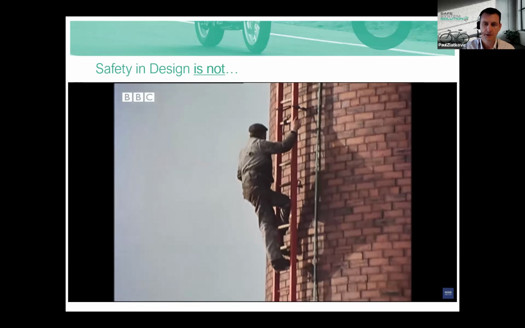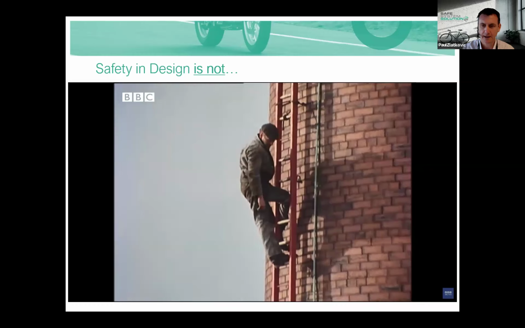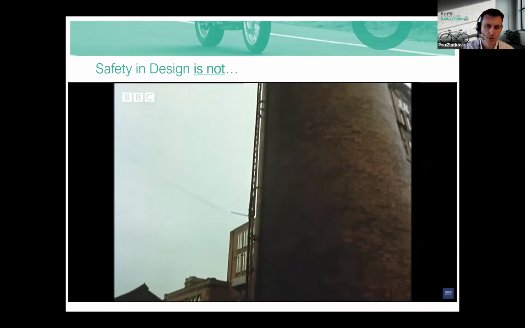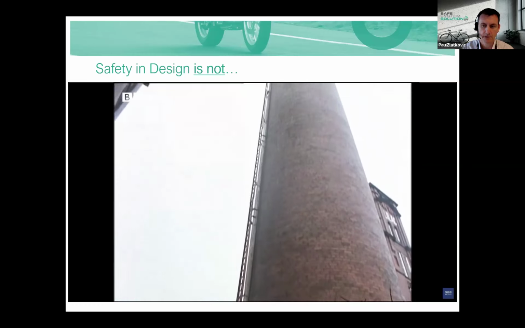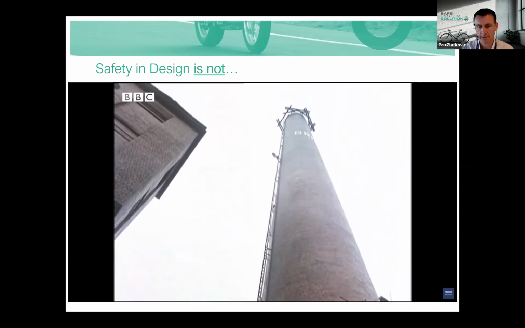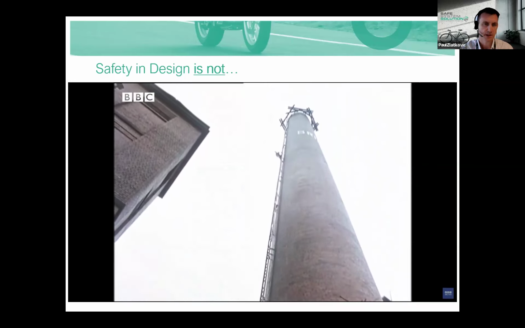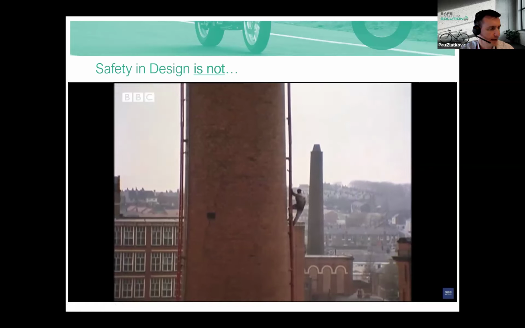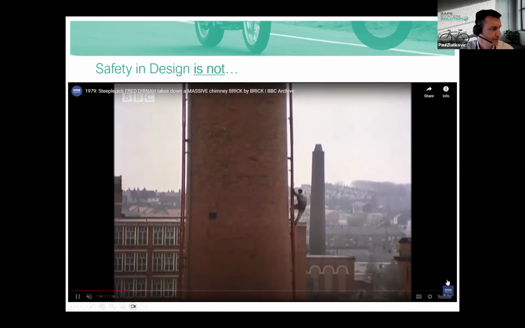So not to criticise the designers back at that time, but just to illustrate how much has changed, I guess, from 100 years ago, from even 20 or 30 years ago, to where we are today in our consideration of safety and design. So you can see him there climbing a ladder to get to the top.